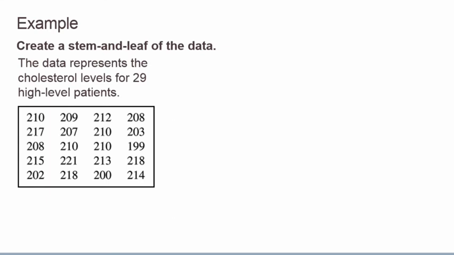So this time when we create our stem and leaf, we're going to use 2 digits: 19, 20, 21, and 22.